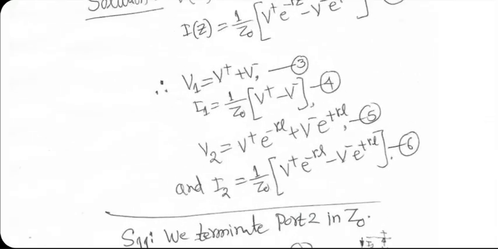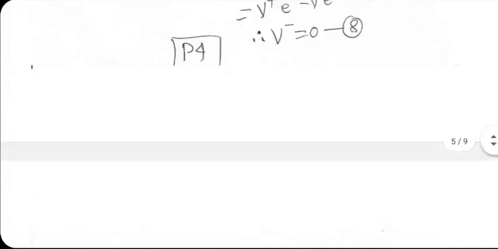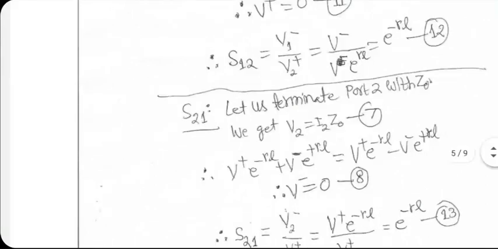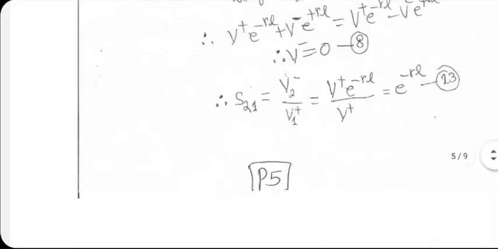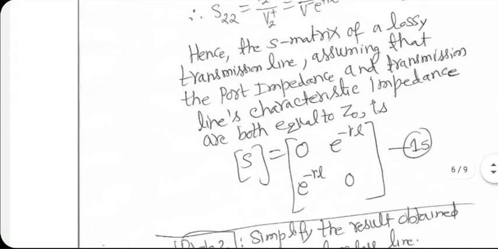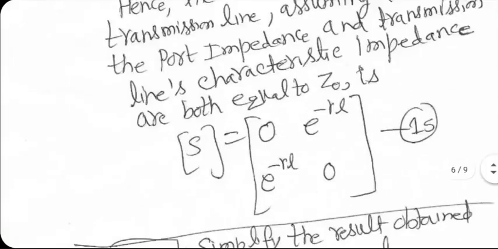If you're not sure, we can discuss later. So if you do that, you get this. S12 turns out to be e to the power minus gamma l. And the other two are identical. S21 is same as S12. You can double check this. And S22 is same as S11. So the final result for the S matrix of a lossy transmission line is this.